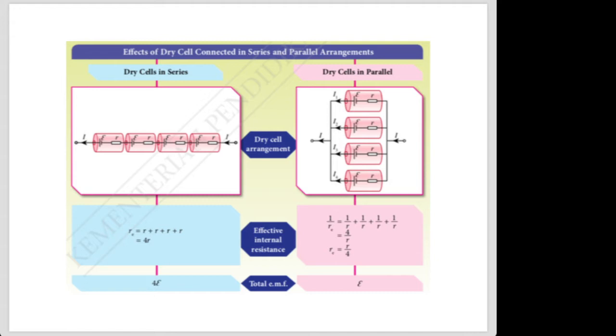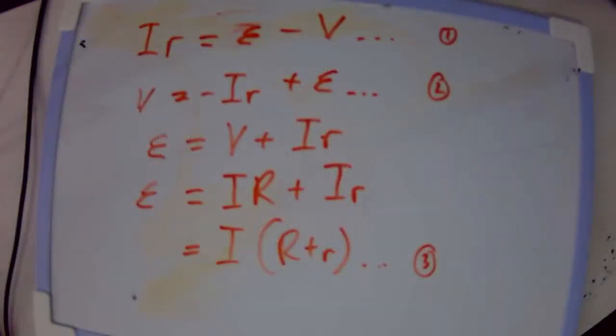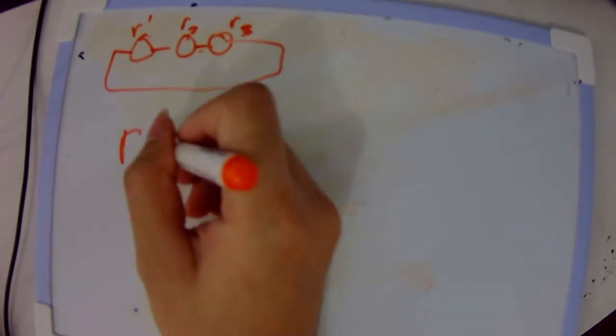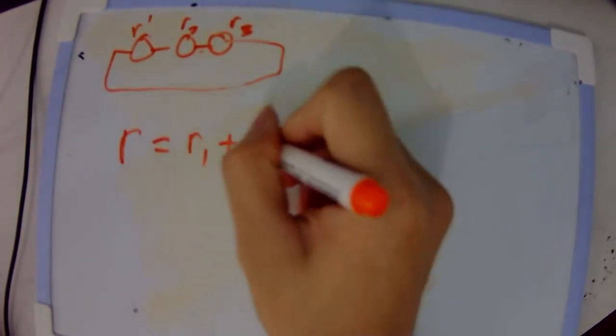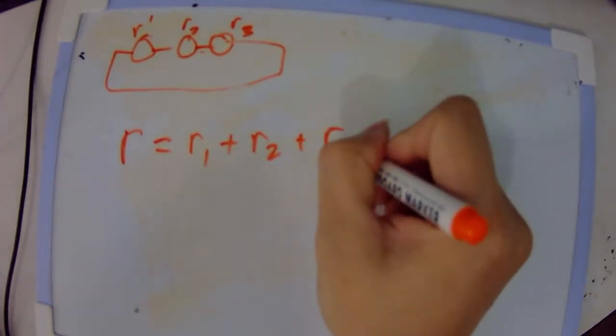So for example, let me just review it. If we have 3 batteries and we connect them in series like this, then we have R1, R2, R3. We've already learned that when we connect resistors in series, your total effective resistance would be R1 plus R2 plus R3.